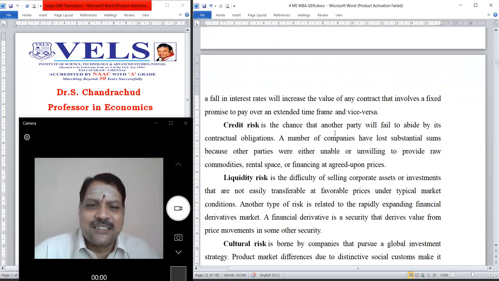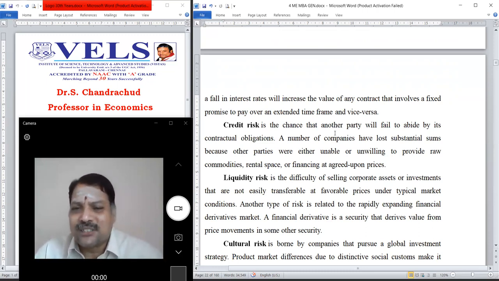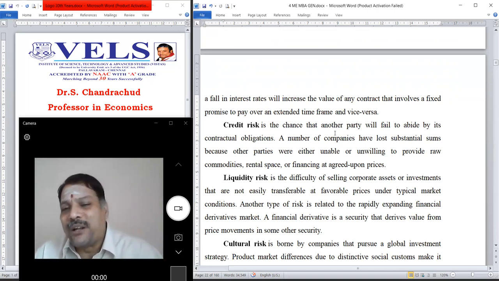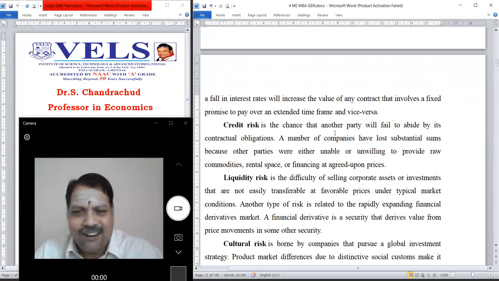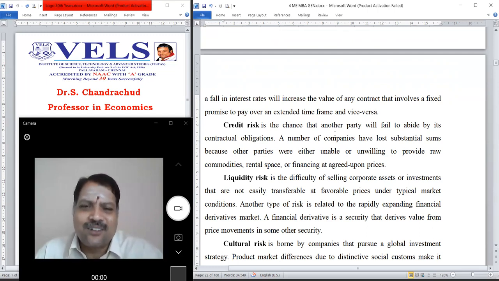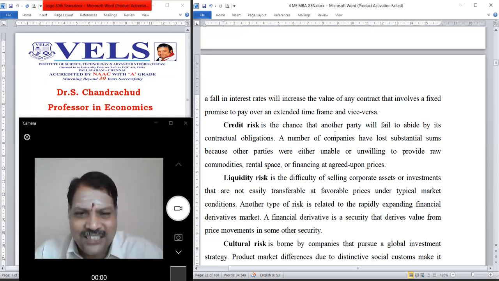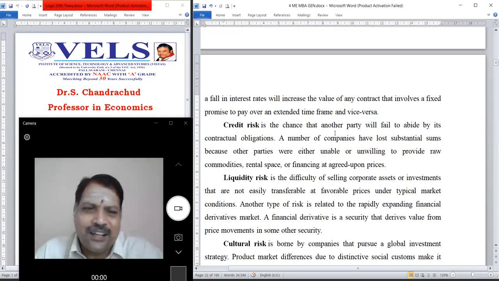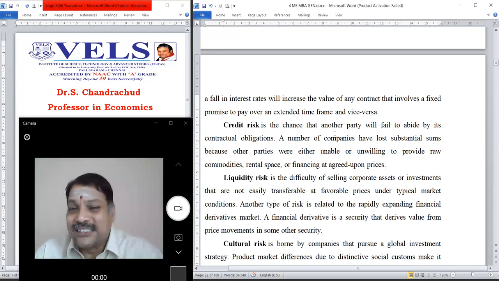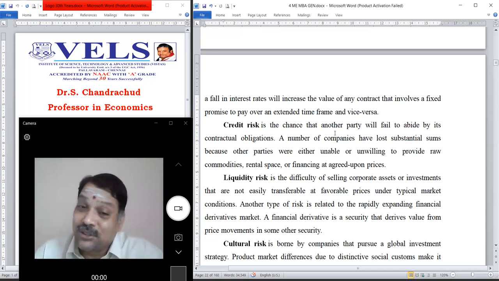A number of companies have lost a substantial sum because the other parties were either unable or unwilling to provide the money, or it may be in terms of physical goods like raw materials, rental space, or financing for that particular agreement. So credit risk is not only in monetary terms, non-monetary terms also.